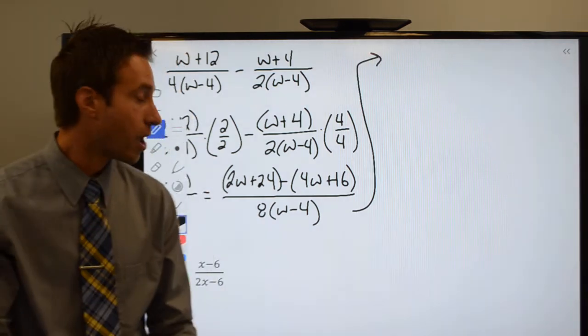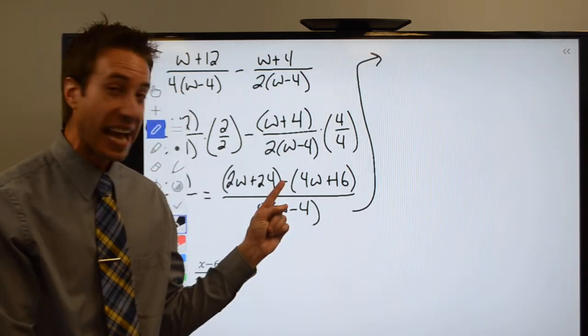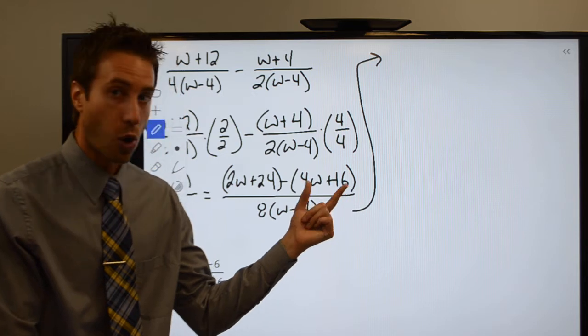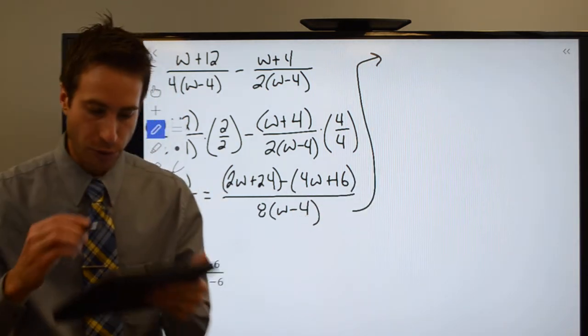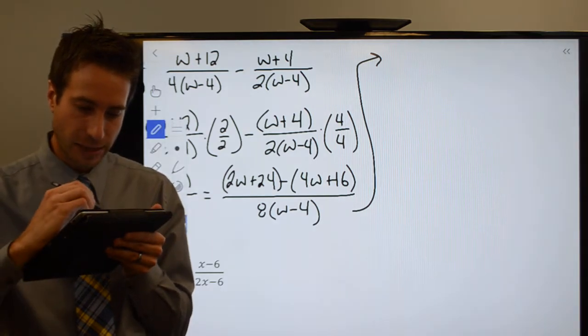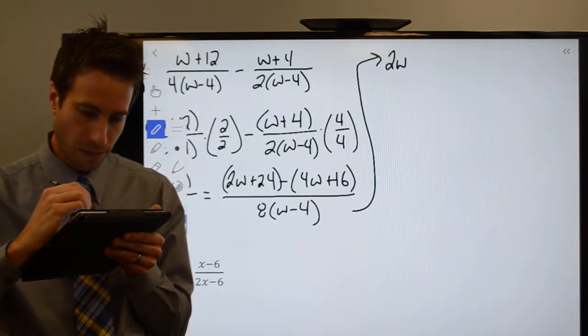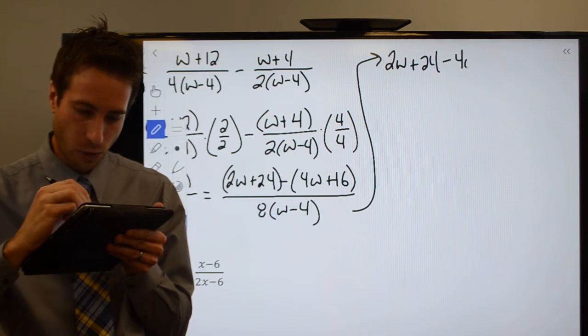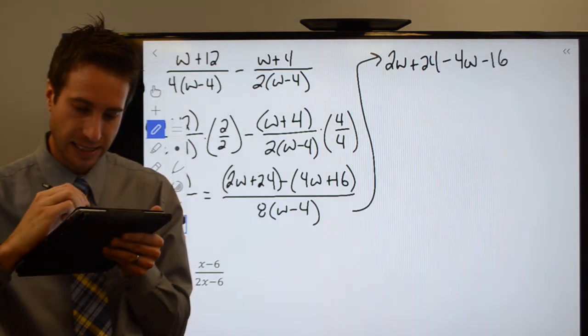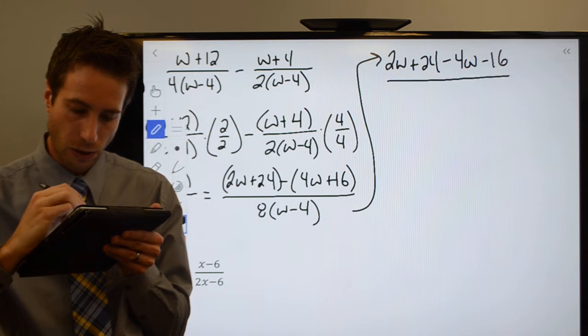Okay, so again, negative times this quantity. Please be very, very careful. You'll have to distribute that minus sign through the parentheses. So that's going to give me 2w plus 24 minus 4w minus 16 all over 8 times w minus 4.